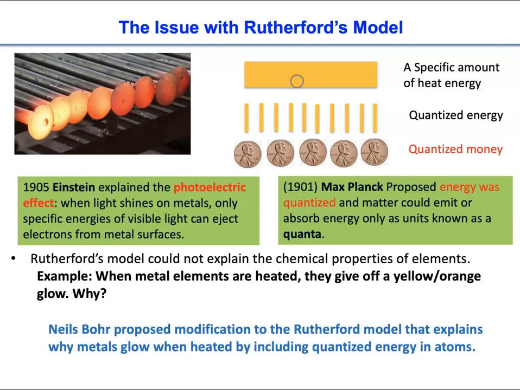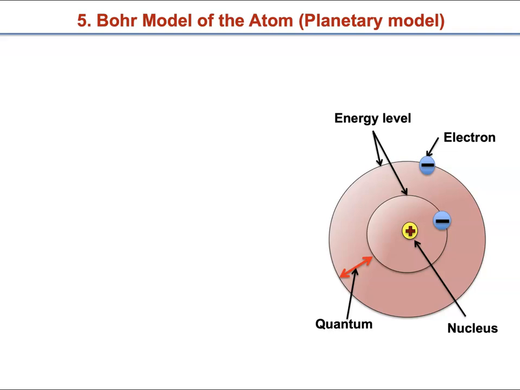So, Niels Bohr proposed a modification to Rutherford's model. He didn't do any experiments, and this model explains how metals glow when they are heated by including a quantized energy into the atoms. So let's look at Niels Bohr's model.